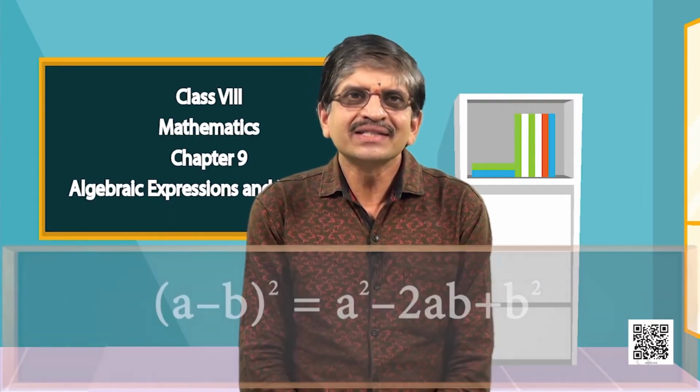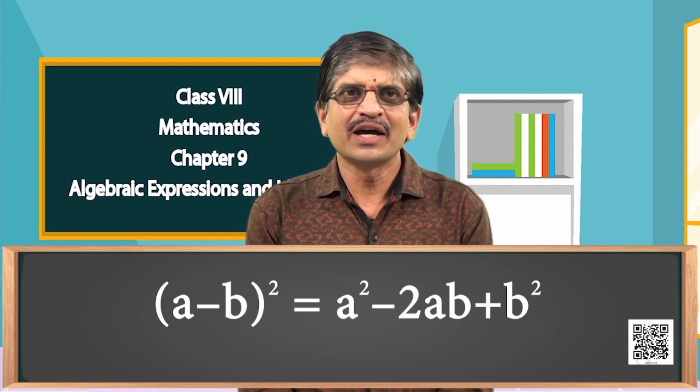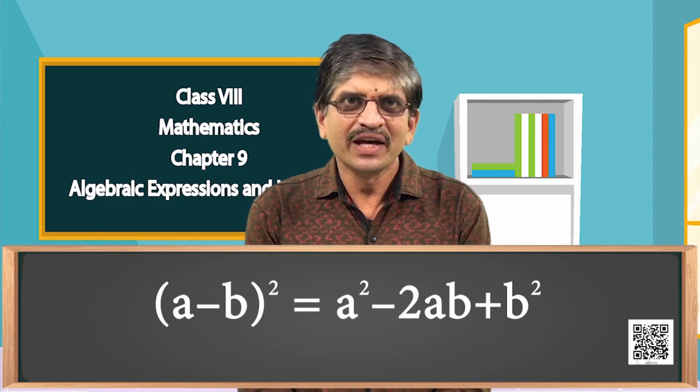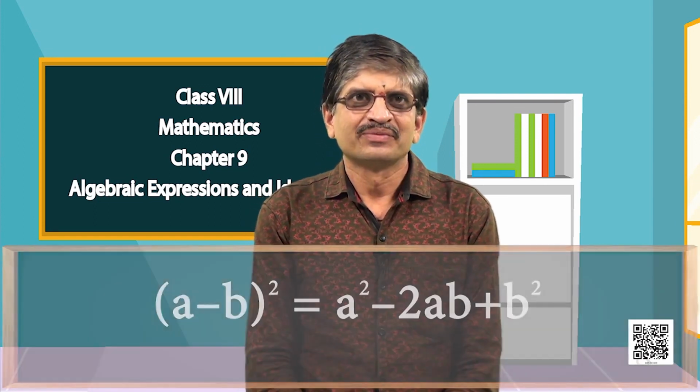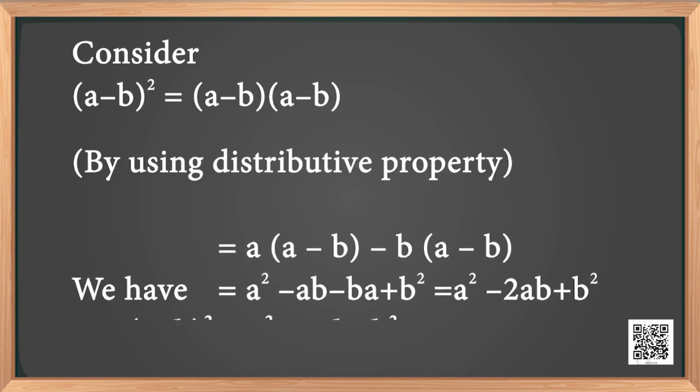We now learn identity 2, that is (a minus b) whole square is equal to a square minus 2ab plus b square. Are you ready to learn? Good. Consider (a minus b) whole square is equal to (a minus b) times (a minus b). By using distributive property, we get a times (a minus b) minus b times (a minus b).